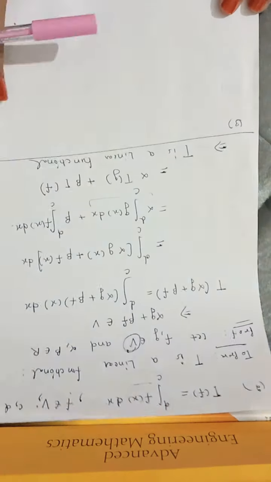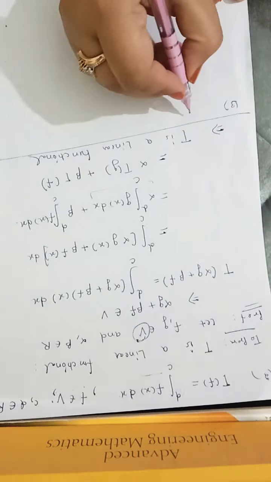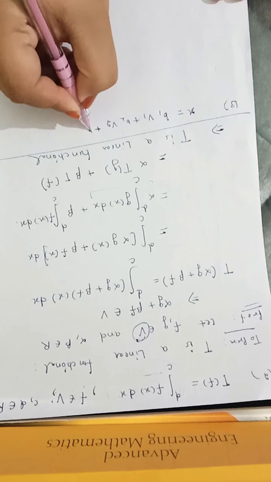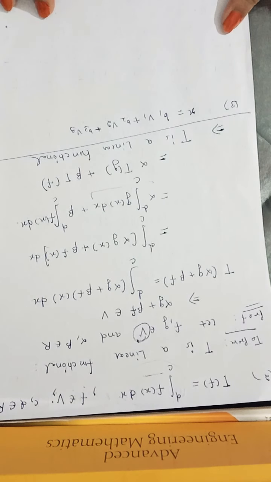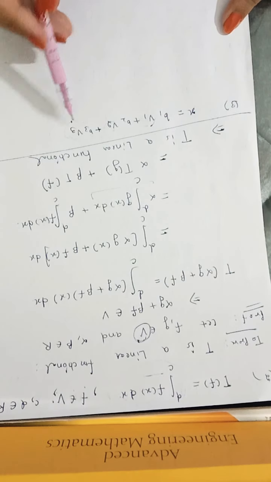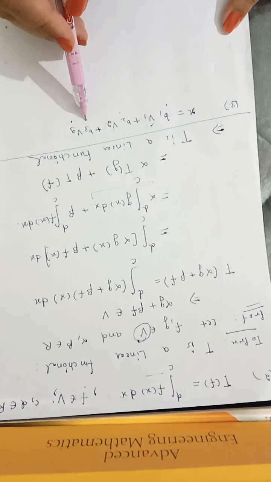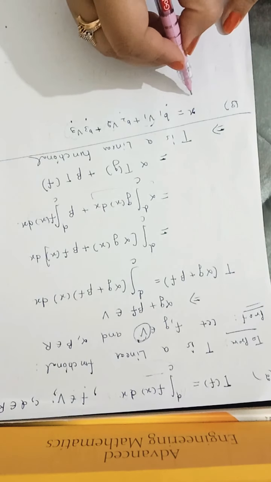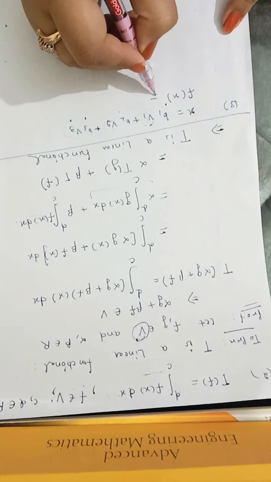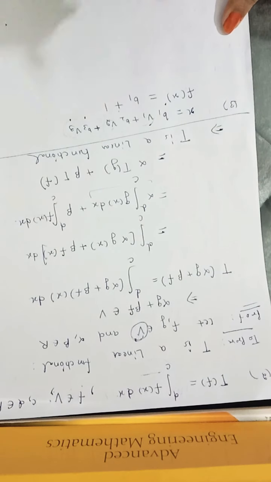Now, the third example, where we have to show the given mapping is not a linear functional. For example, students, we are given any element x equal to b1 v1 plus b2 v2 plus b3 v3, where we all know v1, v2, v3 are elements of the vector space and b1, b2, b3 are scalars, and the mapping is given as f of x equals b1 plus 1.